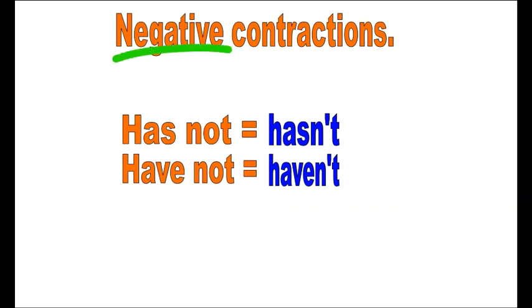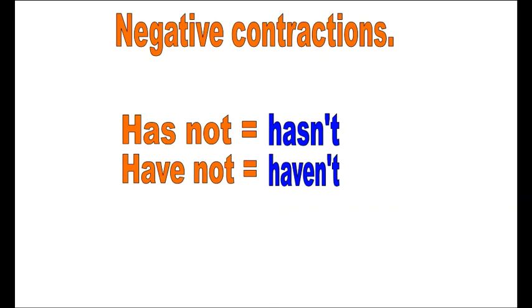Furthermore, let's look at negative contractions. You can see we have has not, have not. These words are negative because they have not. So not here shows it's negative. Now, has not, the contraction is hasn't.